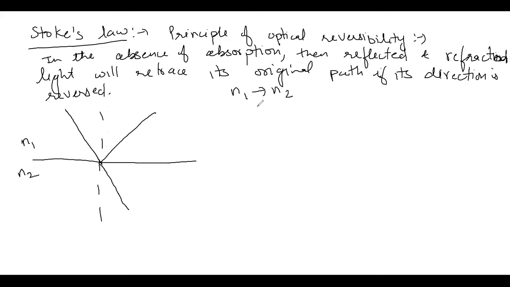So I'm saying that if you go from medium N1 to N2, let's say that R1 is your reflection coefficient for amplitude, and T1 is your transmission or refraction coefficient.